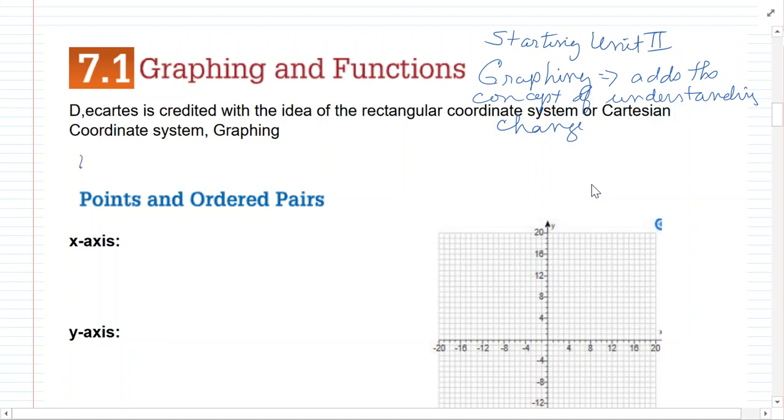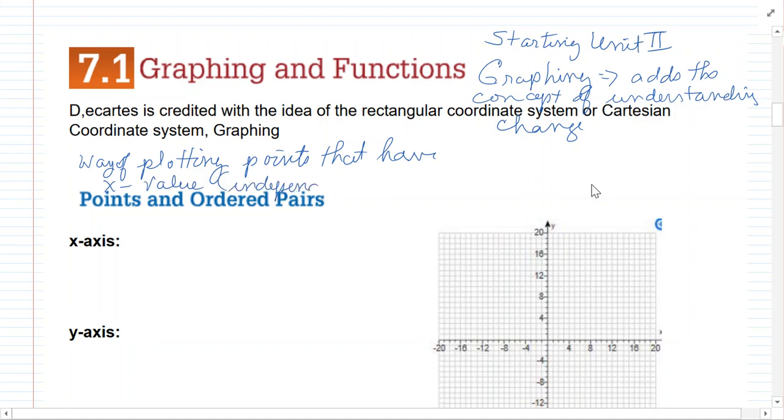It is a way of plotting points that have an x value, and we know it as the independent, and the y value, often referred to as the outcome or dependent.